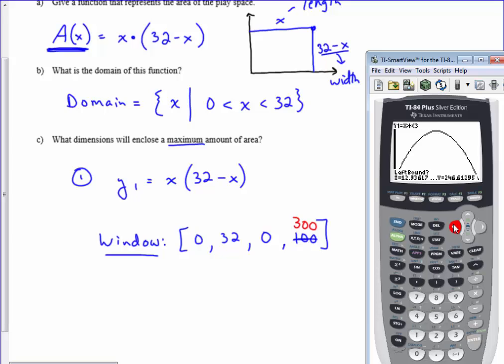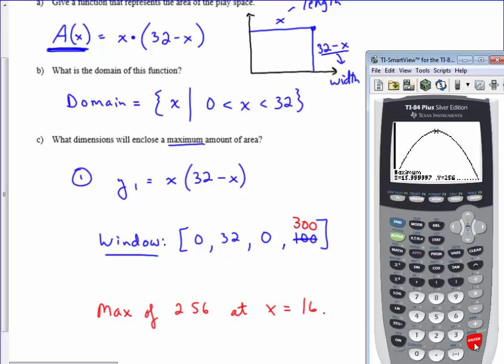So go a little bit to the left, off that flat part at the top, and then a little bit to the right, making sure to go past that flat part. Press enter, and when it asks for a guess, press enter again. It says that we have a maximum of 256 at x equals, which we're going to round to 16.